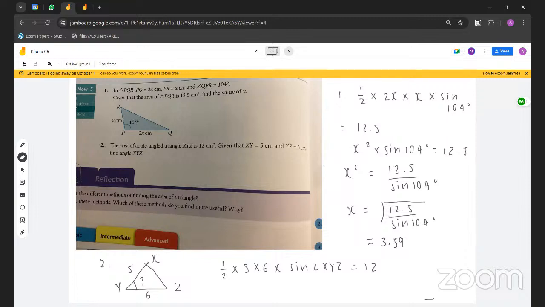Kirana, are you okay with your start? Your start is fine, but are you okay? I don't know how to continue. I understand, but are you okay with the start or not?